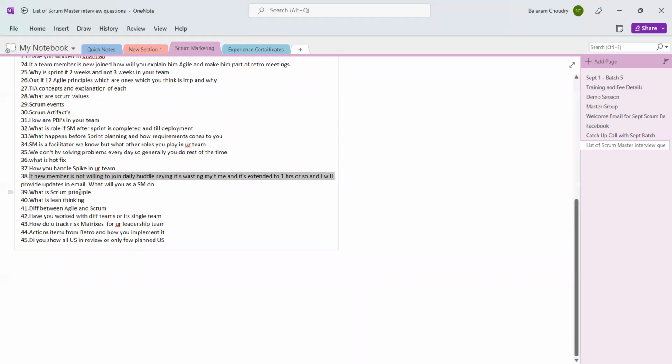And what is the Scrum principle? We already know. What is lean thinking? Lean thinking is a way to avoid wastage. Are we developing features that are not adding value to the customers? Are we simply developing something which is actually a good-to-have feature? If you look at the MoSCoW technique of prioritization, you have must have, should have, could have, and will not have.